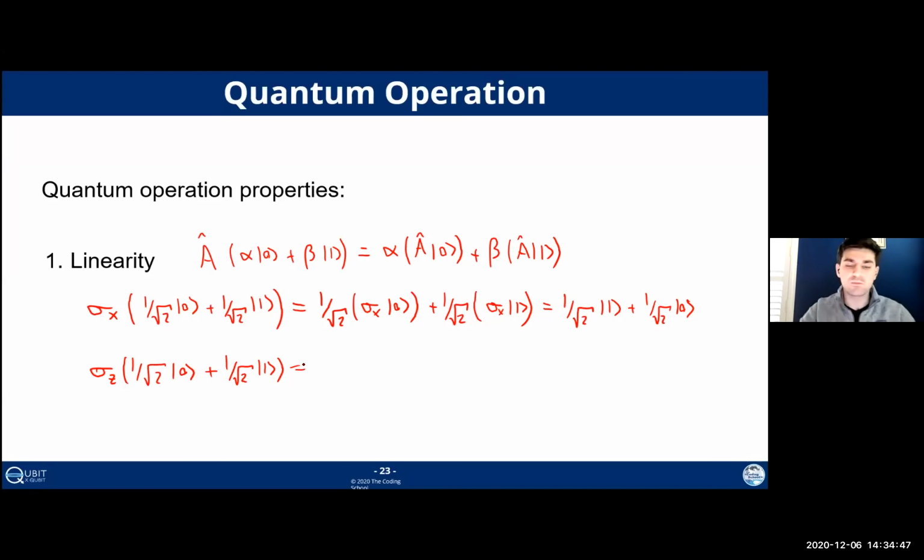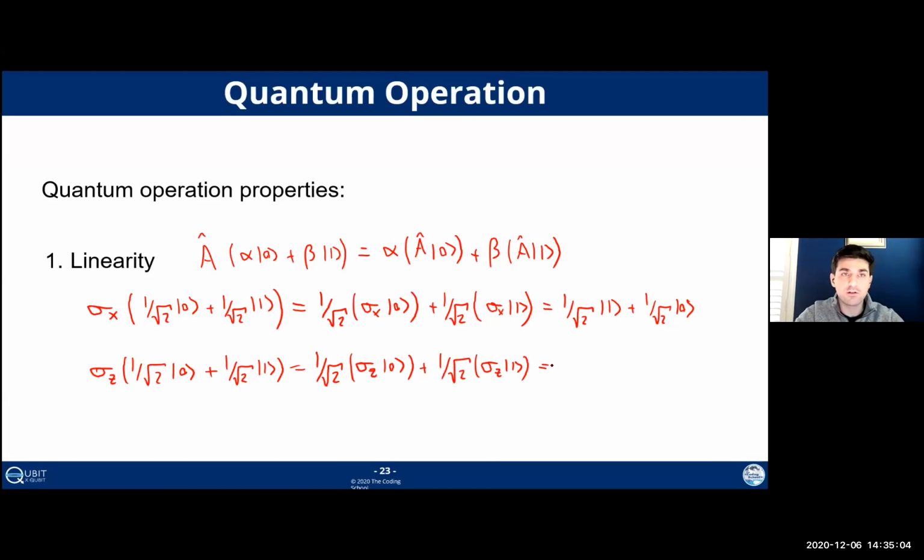Okay, it's the same idea as above. I have 1 divided by square root of 2 sigma z applied to 0 plus 1 divided by square root of 2 sigma z applied to 1.